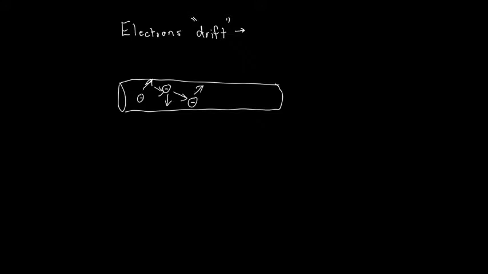But overall, if you add up where all the electrons are going, maybe some are moving backwards, maybe some are moving to the left. But if you add up the overall direction of all the electrons, overall, the electrons are flowing to the right.